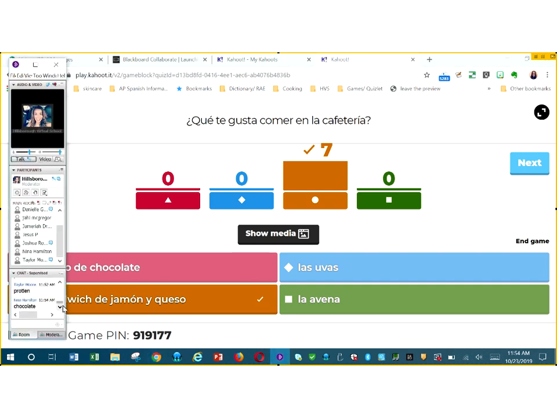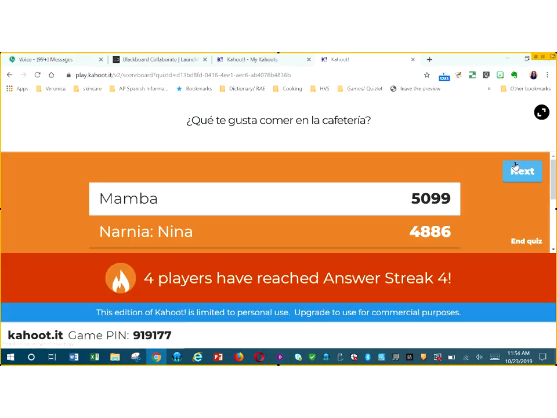Oh, chocolate. FYI, chocolate is not an English word. It is actually a word from the Nahuatl language, which is what was spoken in Mexico. It's a native language. Then we have uvas, jamón, ham, queso, cheese, avena. Avena is oatmeal.